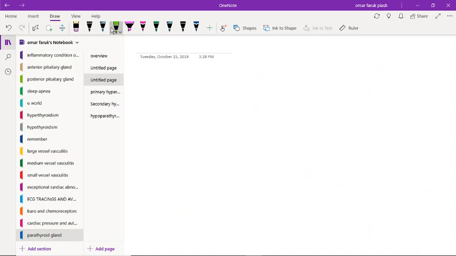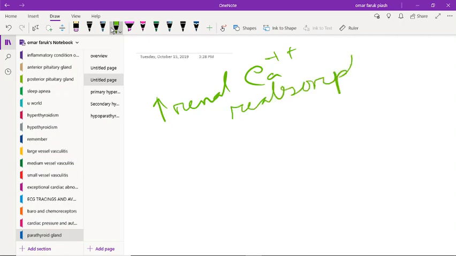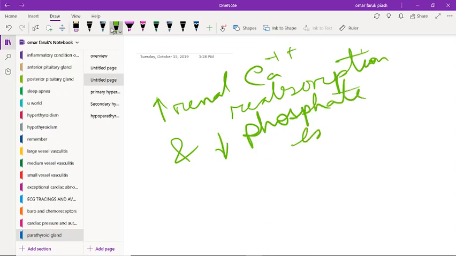it increases renal calcium reabsorption and decreases phosphate reabsorption, or it increases phosphate excretion.